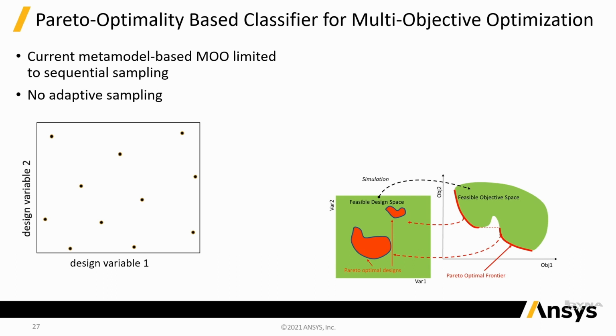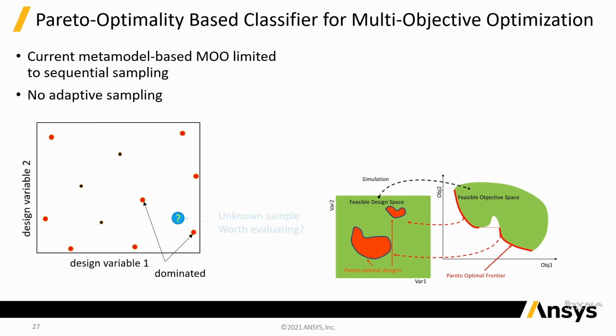So if you consider a design space that has a few samples to begin with, and we evaluate them, we come to know that a lot of those samples are dominated and they cannot be Pareto optimal solutions. These red ones, let's say they are dominated, so they won't be Pareto optimal.